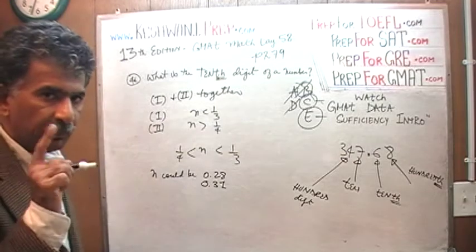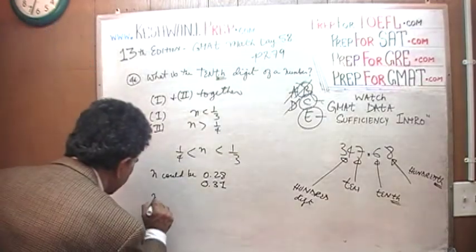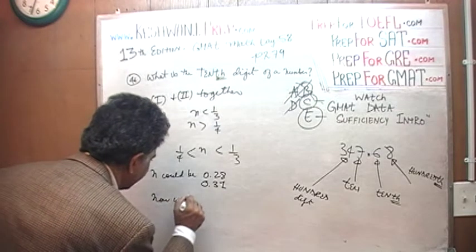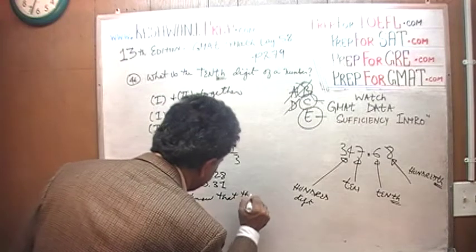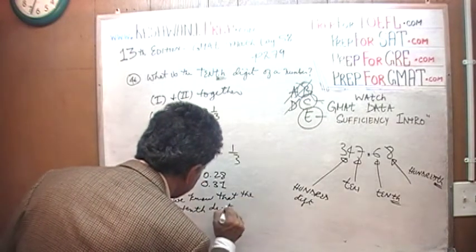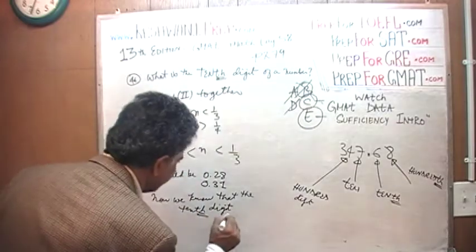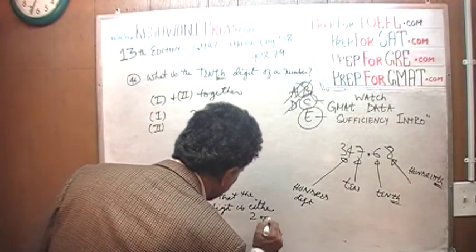So at this point, when we put them together, now we know for a fact that the 10th digit is either 2 or 3.